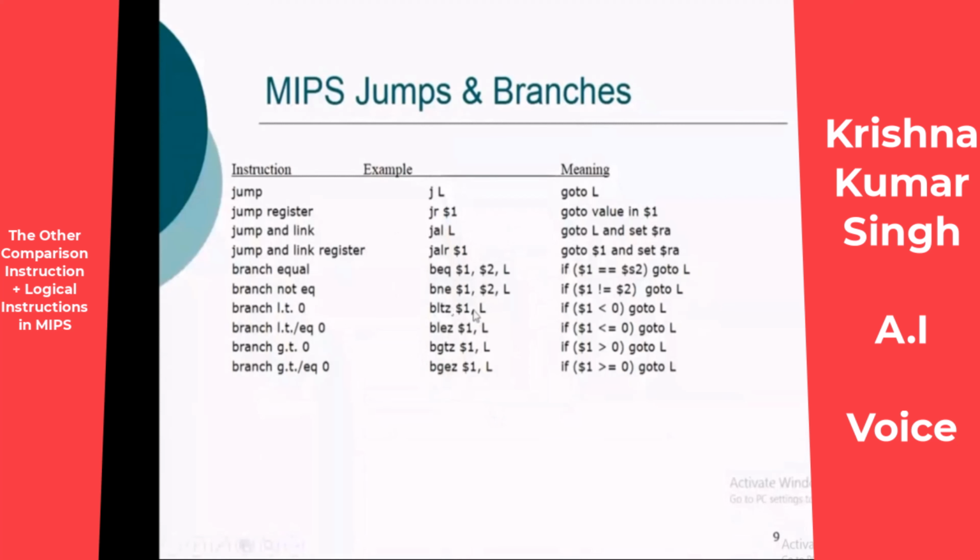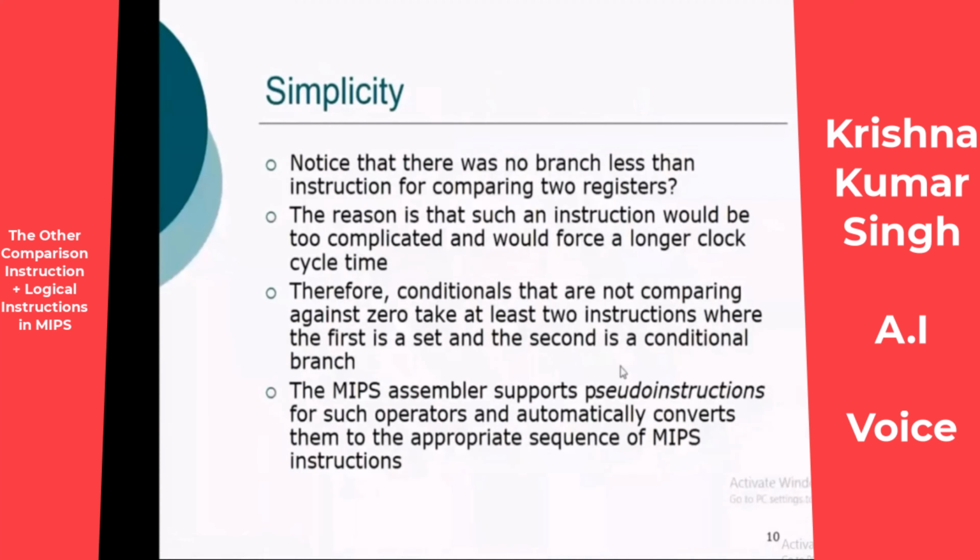So we have two operands. But if you want to compare, for example, greater than 10, you have to split it into several assembly instructions. As you can see, there is no branch-less-than instruction for comparing two registers.